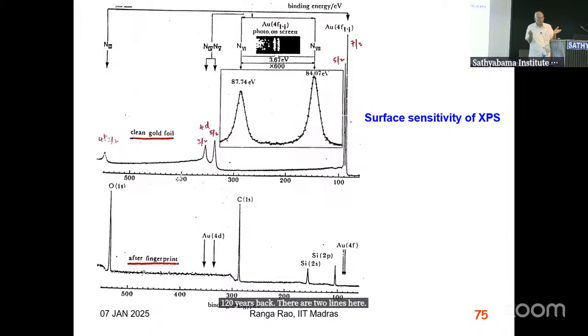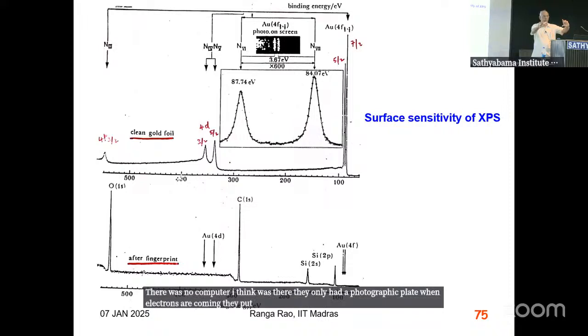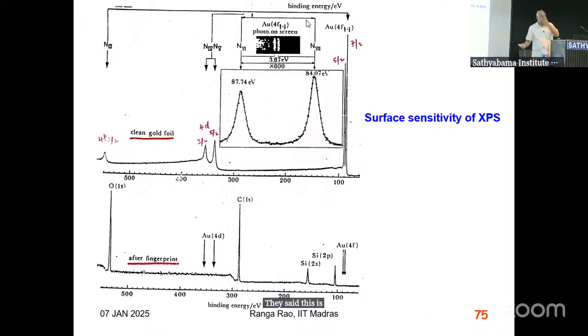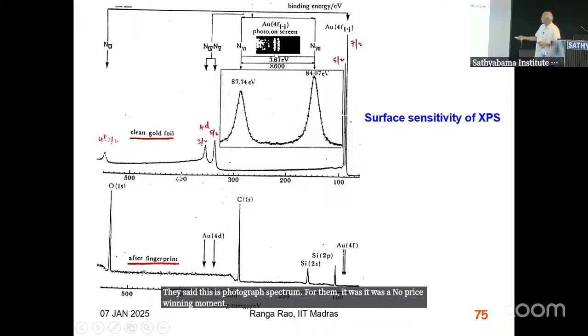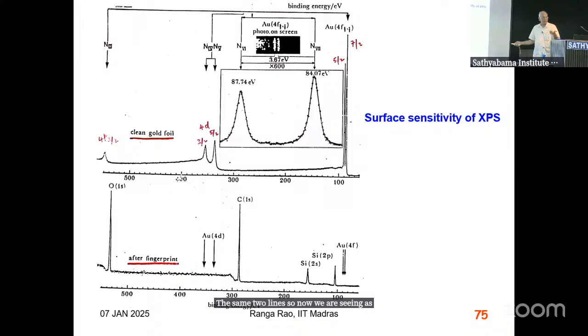There was no computer, nothing was there. They only had a photographic plate. When electrons are coming, they expose the photographic plate. They saw two lines here. They said this is photoelectron spectrum. For them, it was a Nobel Prize winning moment. The same two lines now we are seeing as peaks today. We are recording on this computer.